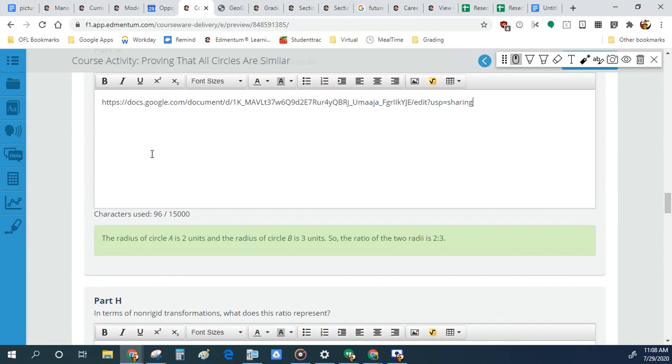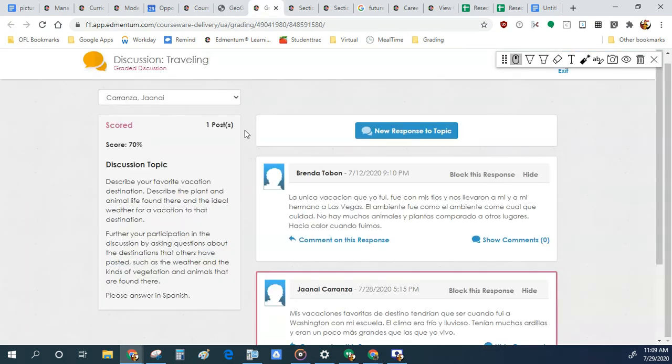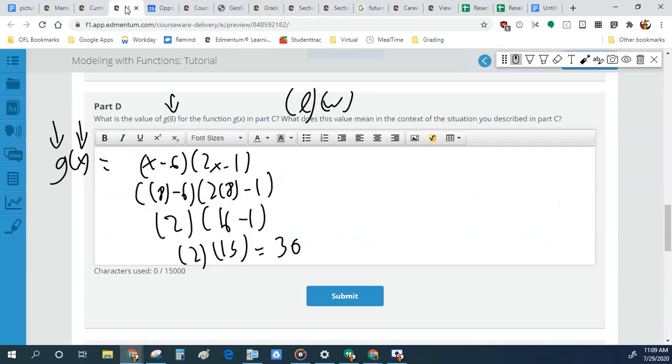That way, any teacher can click the link and see your pictures. Does that make sense?